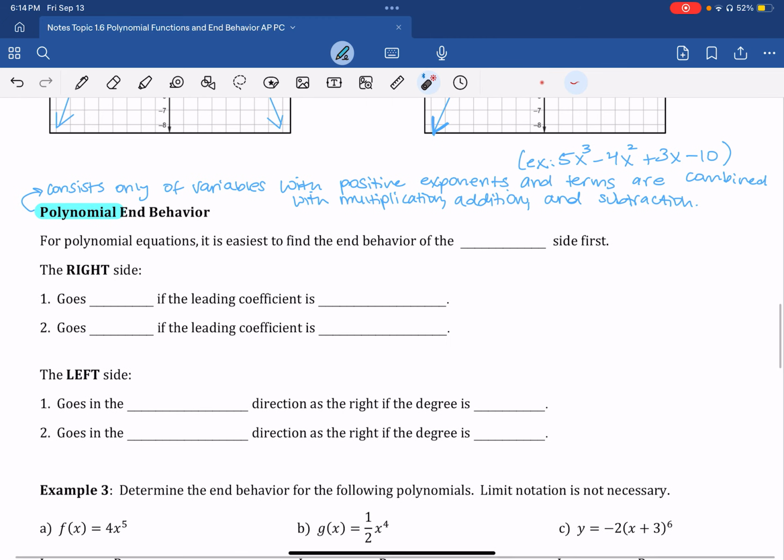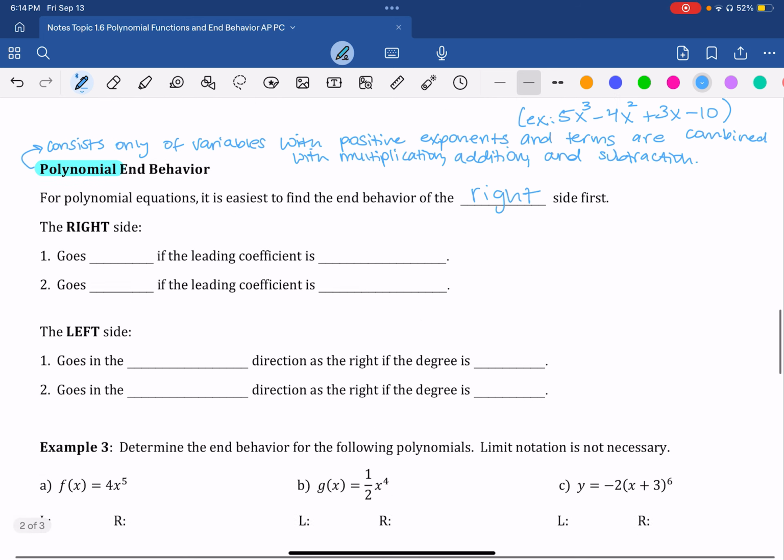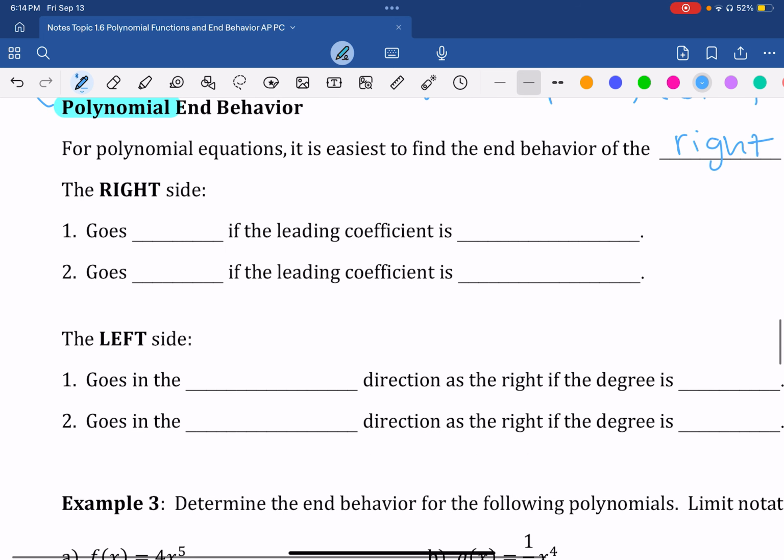So once you recognize that what you're looking at is a polynomial, it is easiest to find the end behavior of the right side first. For the right side, you're going to go to positive infinity if your leading coefficient is positive. And you're going to go to negative infinity if your leading coefficient is negative.